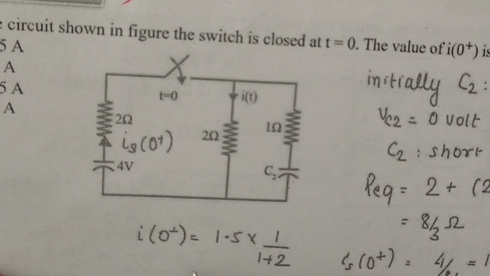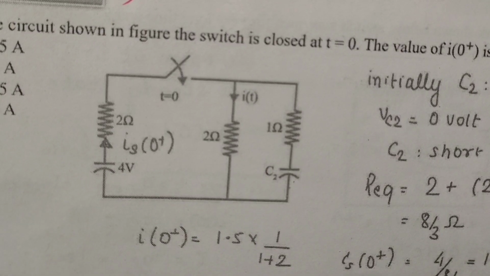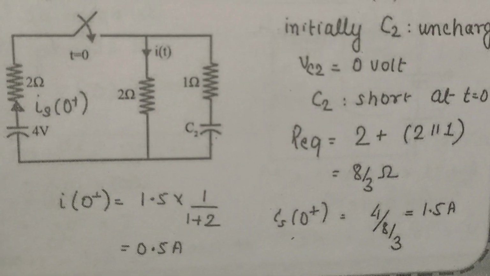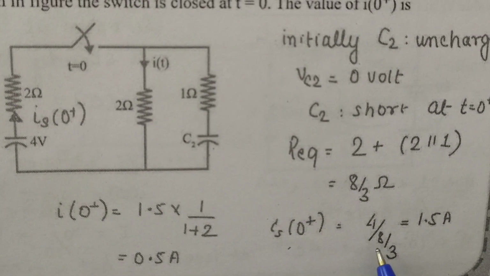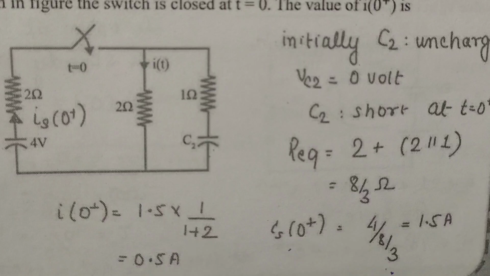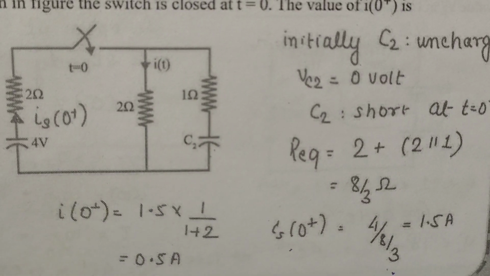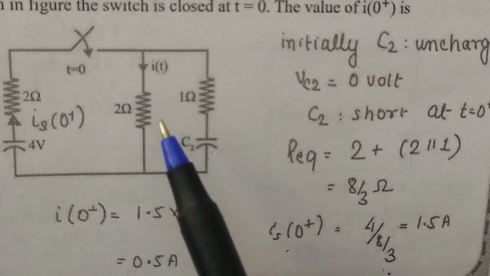I of 0 plus, the source current Is of 0 plus is equal to V by R, where V is 4 and R equivalent is 8 by 3. You will get 1.5. Now we have to find the current in this branch.